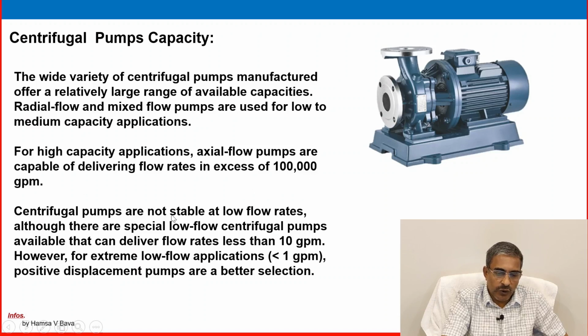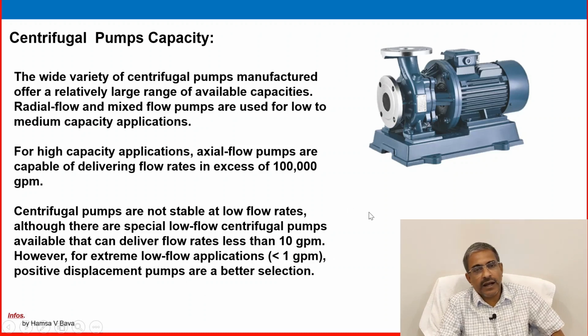Centrifugal pumps are also not stable at a low flow rate, although special low flow centrifugal pumps are available that can deliver flow rates less than 10 GPM. However, for extremely low flow applications, positive displacement pumps are a better selection.